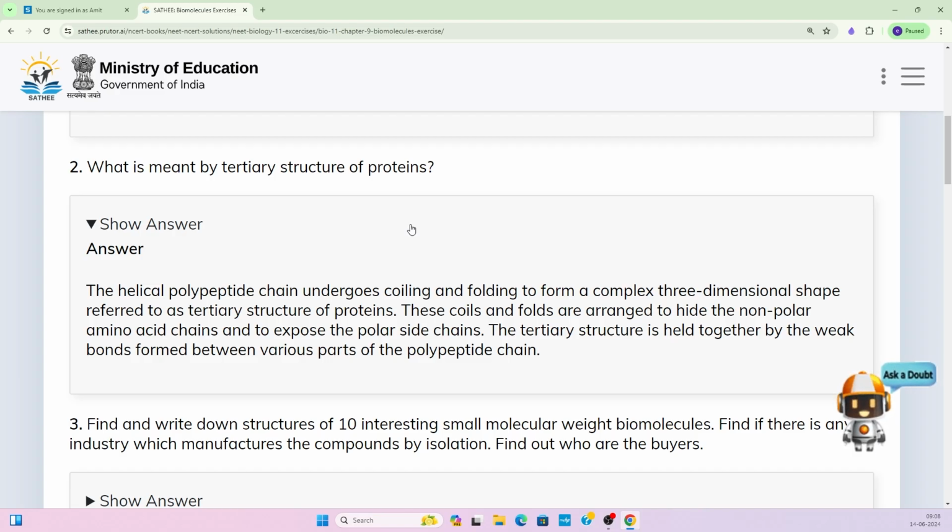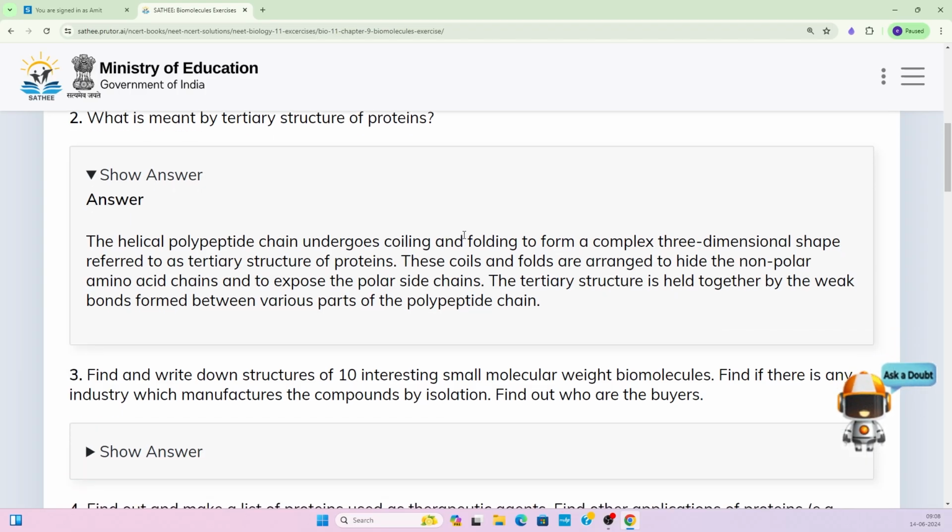So the helical polypeptide chain undergoes coiling and folding, meaning the secondary structure undergoes coiling and folding to form a complex three-dimensional shape, and that is referred to as the tertiary structure of protein. So this is about the tertiary structure of protein.